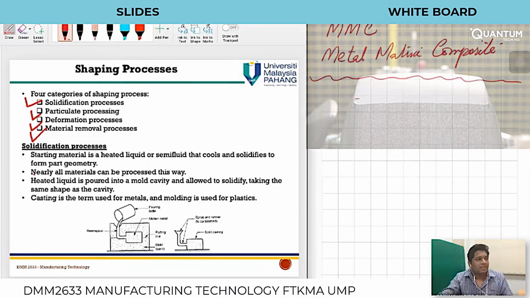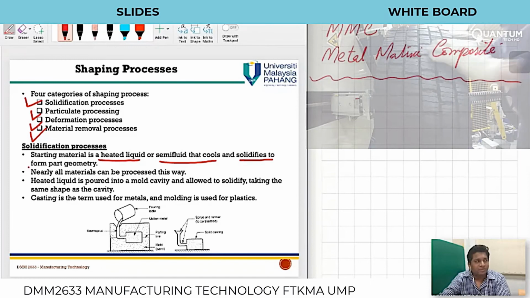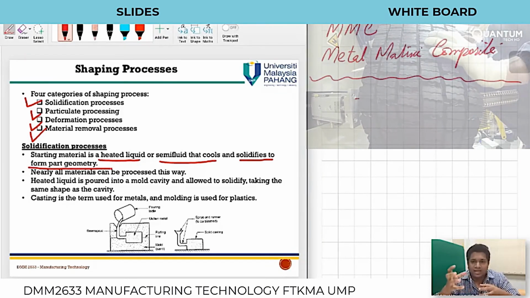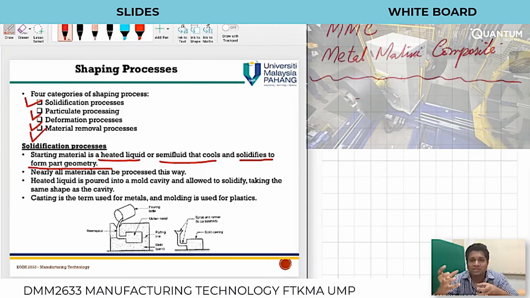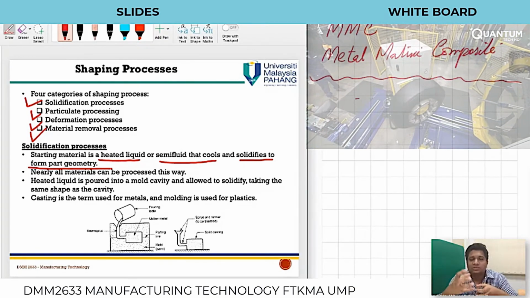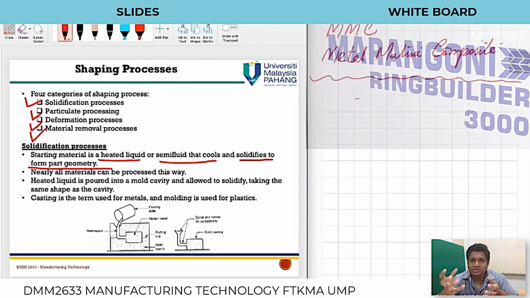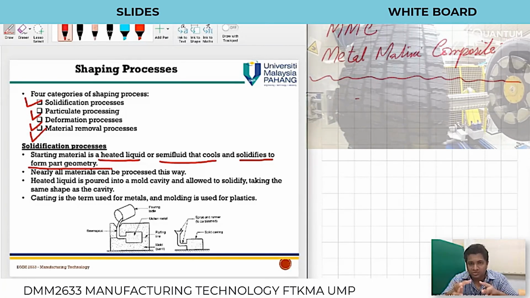Very simple. So starting material is heated into liquid, then the fluid is cooled and it solidifies to form the part geometry. Okay, so let's say if I am going to melt iron and I am going to put iron in my cup, then the iron will take the shape of the cup, right? So that is my final geometry. So I heat to get a final geometry, which is called solidification or casting process.